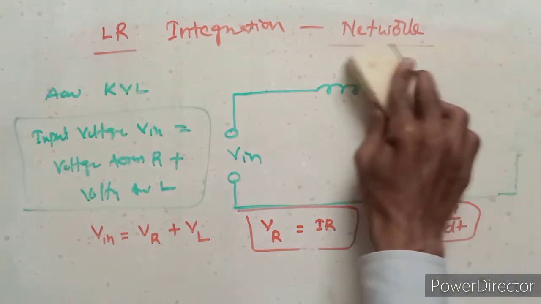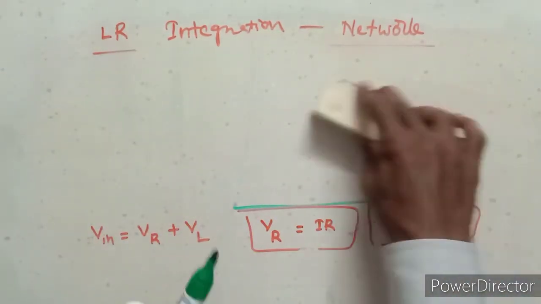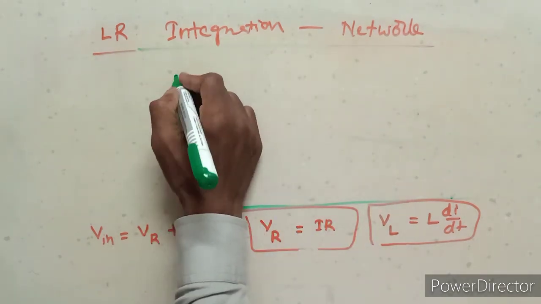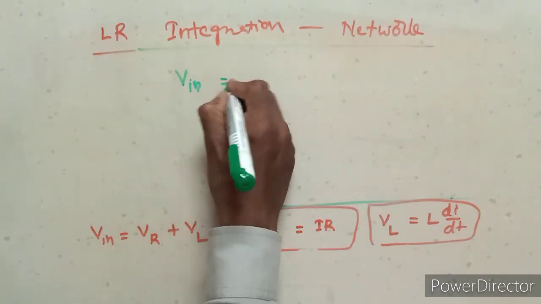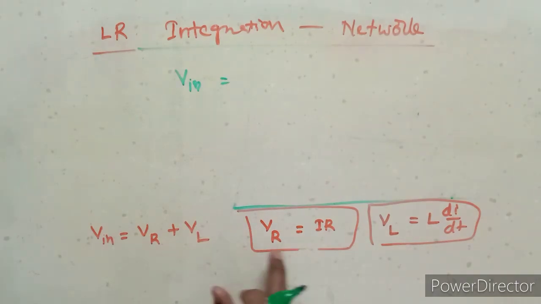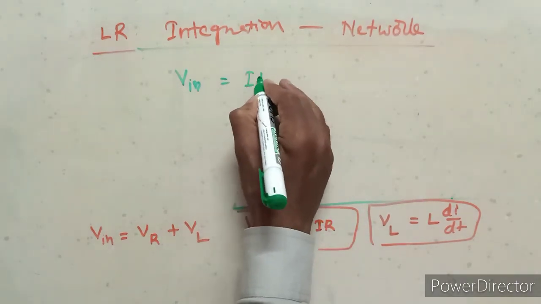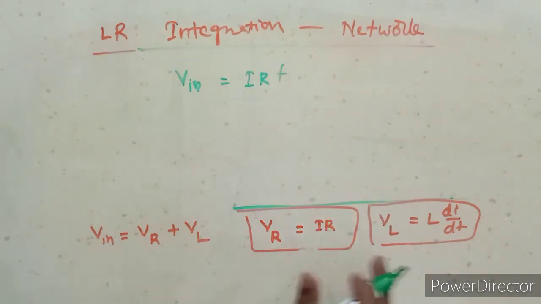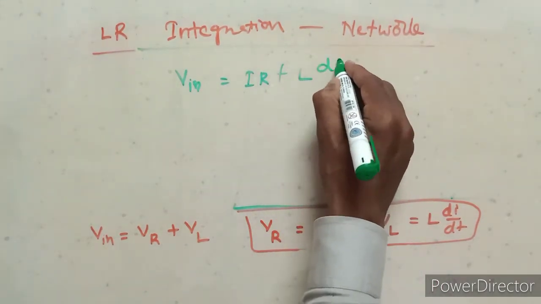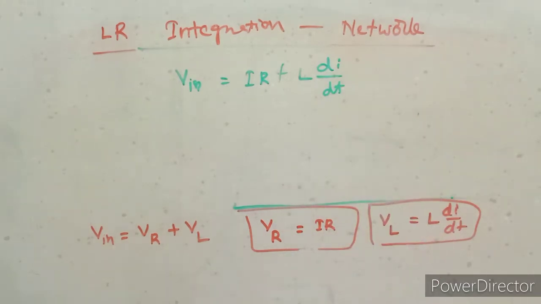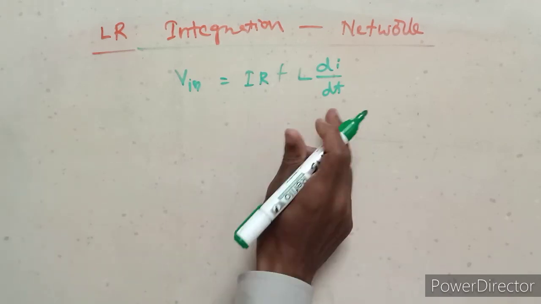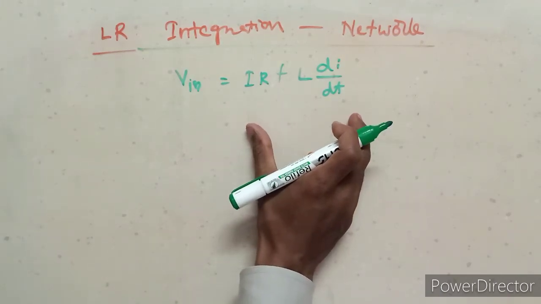So the equation can be written as: input voltage equals IR plus L di upon dt. This is the KVL formula.